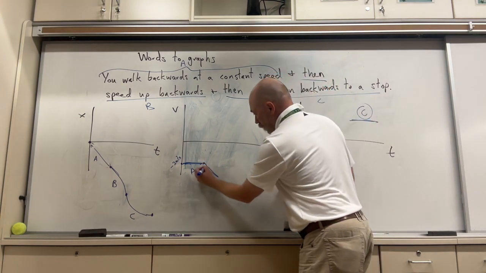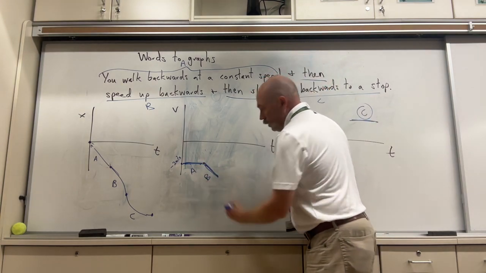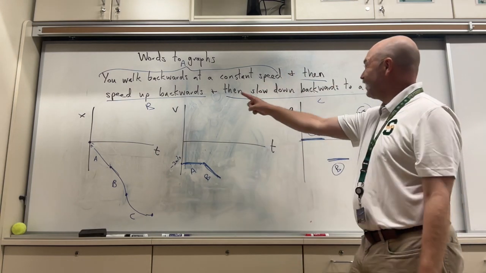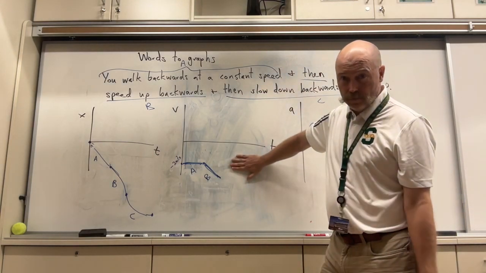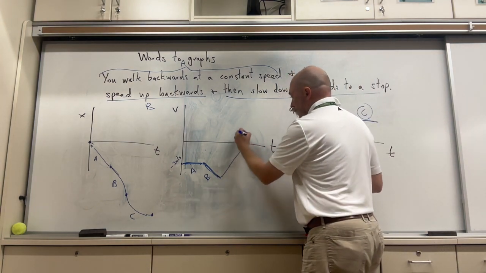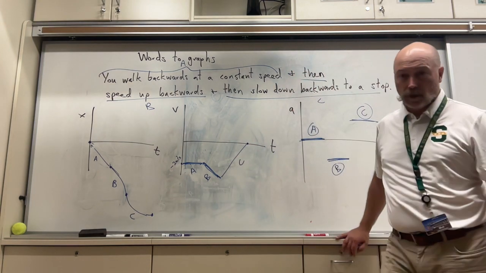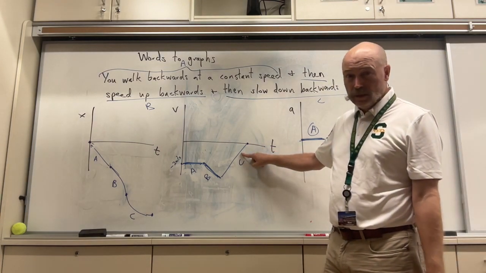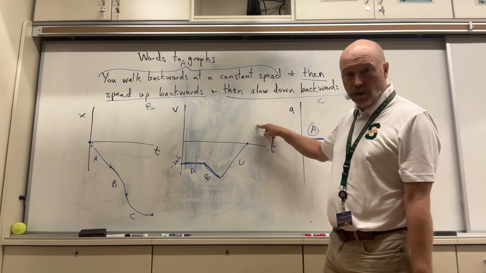So there's my part B, because I'm speeding up backwards. And then it says I slow down backwards, so I'm still in negative land. But eventually I'm going to stop, so eventually I have to get up to here. And there would be my part C. If I didn't stop, if I was still going backwards here, if I eventually started moving forward, I would have to end up there.